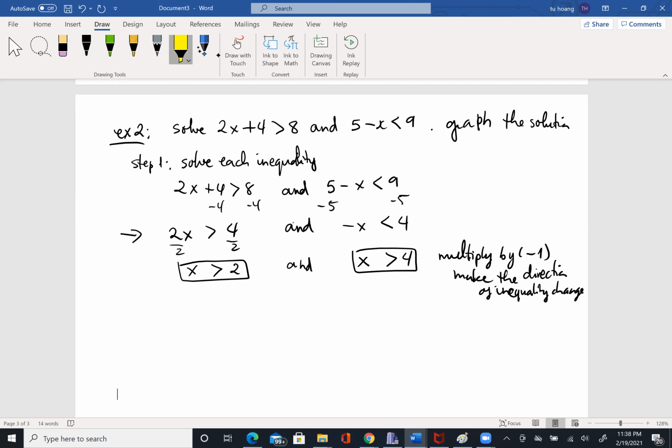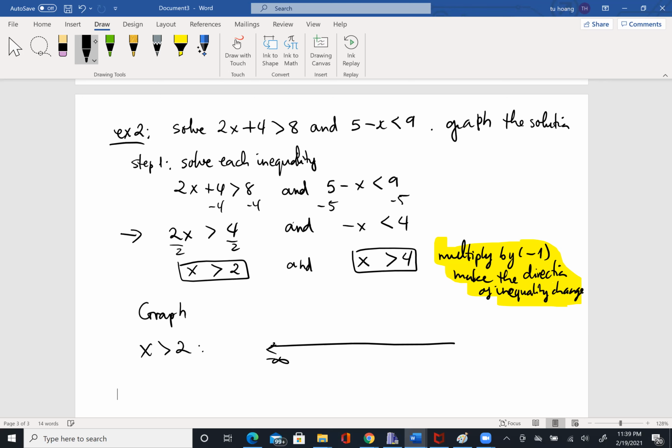So let me shade with some yellow. Okay, now I would like to graph this. All right, how to graph. Okay, so I know that for x greater than 2, what happened? Here's negative infinity.